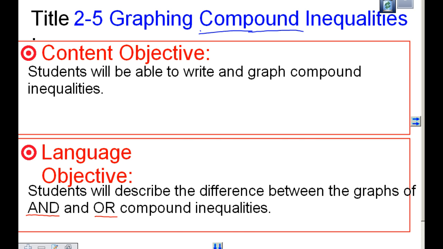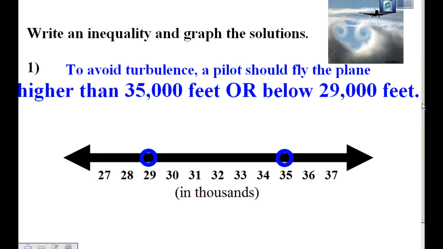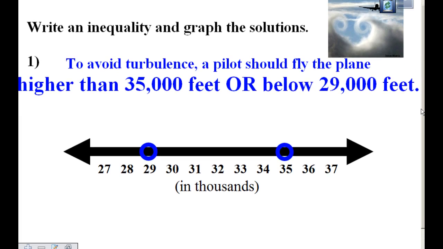Okay, so this just addresses situations such as something like this. So turbulence, like in the airplane. Sometimes it gets a little rocky and things are shaking and you're like, well, just have to sit there and hopefully it stops, right?